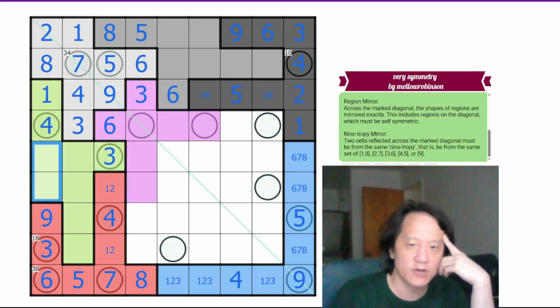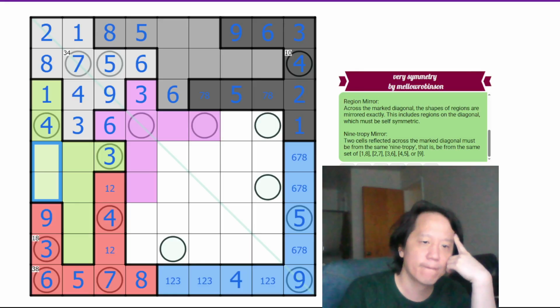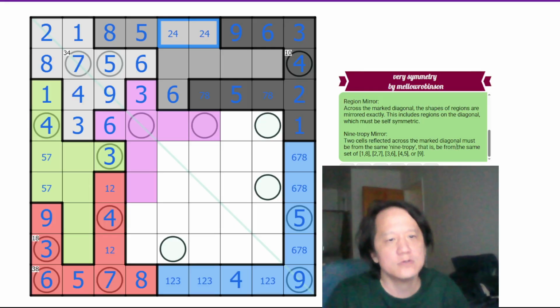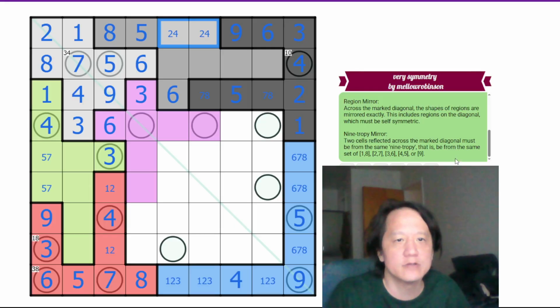Remaining digits of column 1, we have 5 and 7. That corresponds to 4 and 2? That can't be right. Oh, it has to be another 7 here.